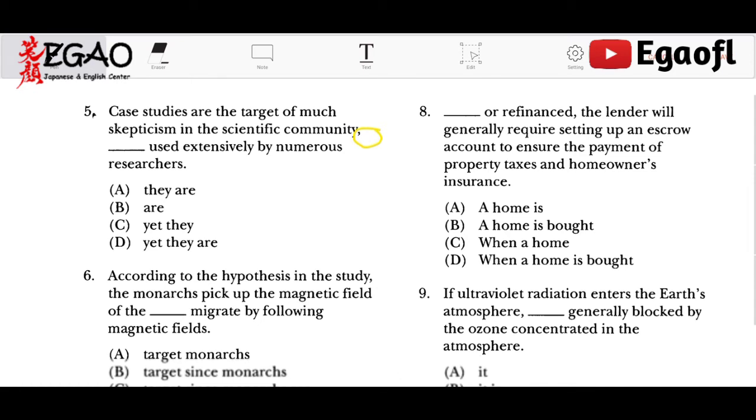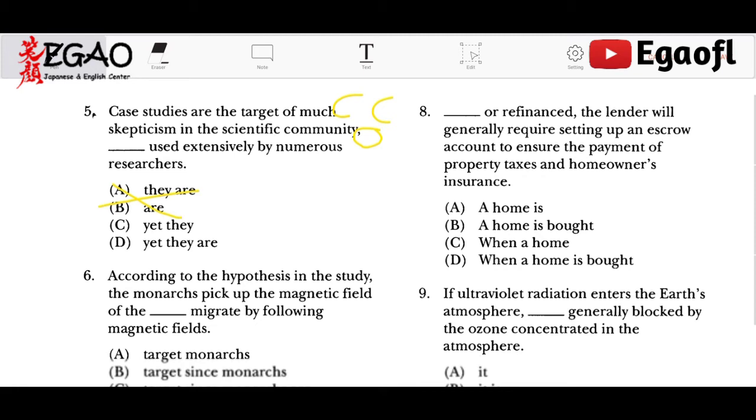So it is actually a coordinate connector. It is like but, yet, and, etc. So it will be really easy actually. Look at options A, B, C, and D. Only C and D have the connector. So A and B, it's impossible.